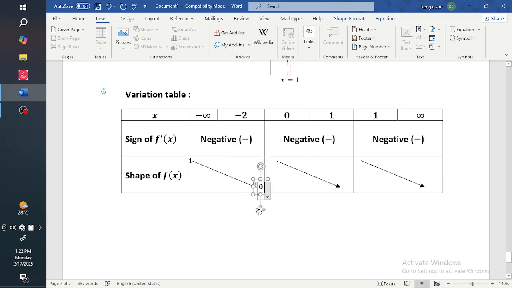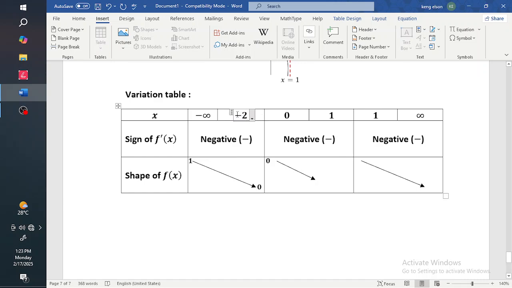Then you continue decreasing from 0. Wait, there are two things here. We first have the interval from minus infinity to minus 2.